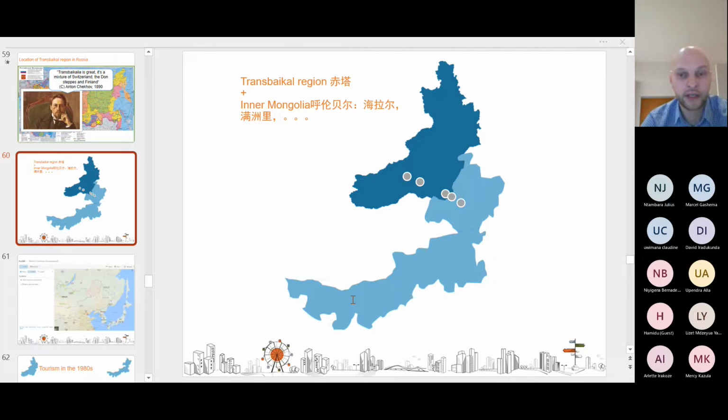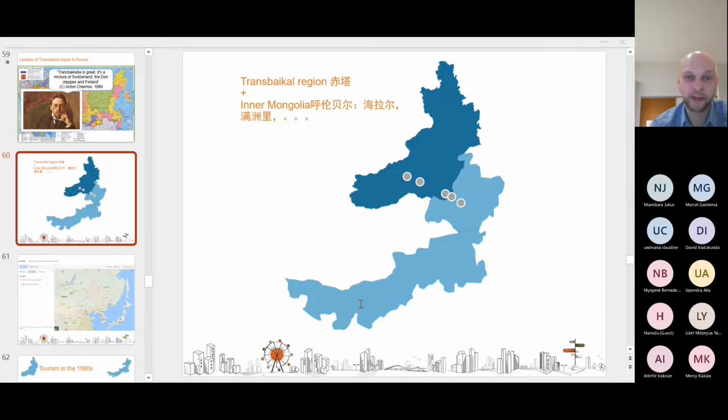If you go east, you reach Aginsk and finally Zabaikalsk, which is on the border. The cities are on the same railway line, which connects two states and two countries. Aginsk has a Buddhist temple that is famous among Buddhists.